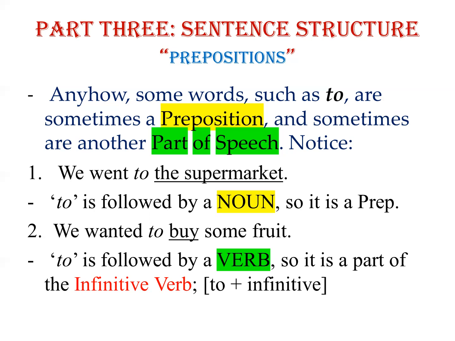It is the first form, which doesn't hold any tenses. So first, you must know in general that prepositions are always followed by a noun or a pronoun. But if they are followed by a verb, this is the infinitive verb. This is the infinitive structure, which holds the form of to plus the infinitive form of verbs.